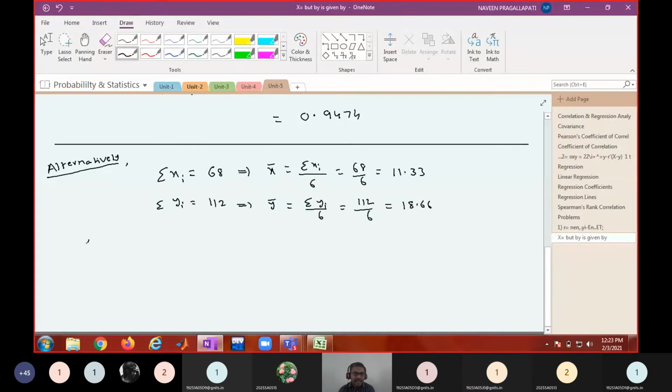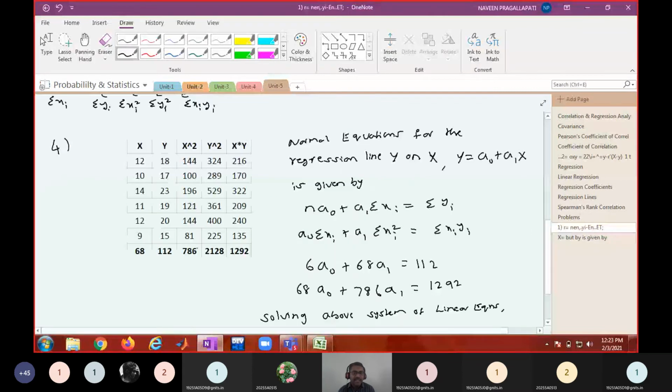Let us compute sigma square x. What is sigma square x? E of x square minus E of x whole square. That means sigma xi square by n minus sigma xi by n whole square. Sigma xi square is 786.